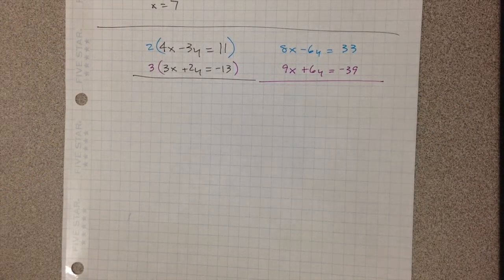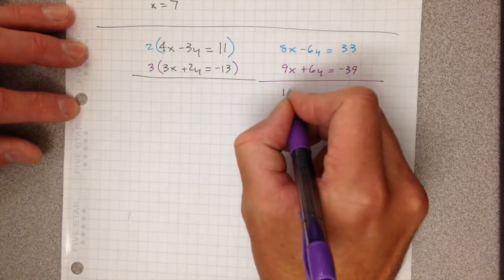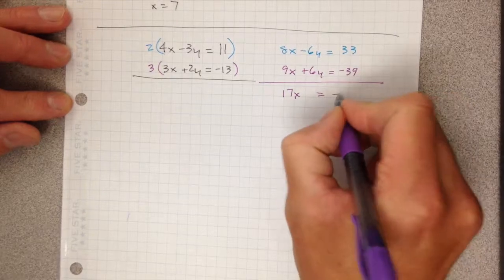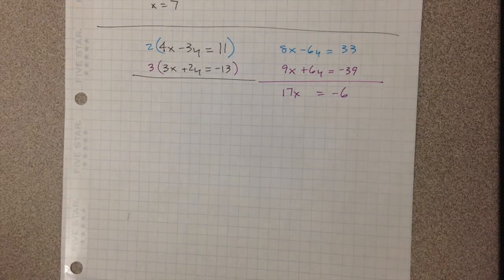Okay, so let's see what is happening here. I believe that I have made some sort of small error, possibly a large error. Let's bring them on down. I get a 17x. That cancels, and I would end up with a negative 6 value right there. That is not working out the way that I planned it. Wow.